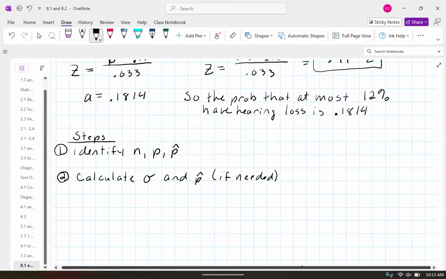If they don't give you p-hat directly and you have to find it, step 2 would be to find that. But definitely calculate your standard deviation. Step 3, z-score.